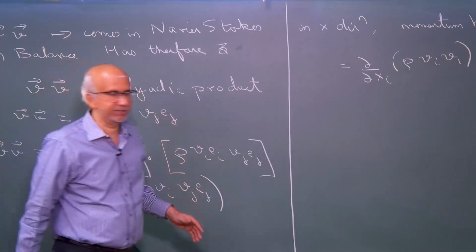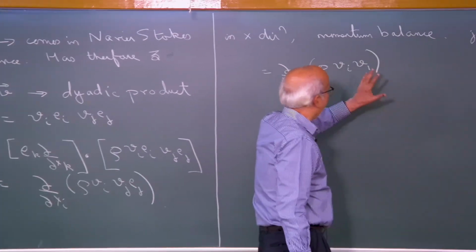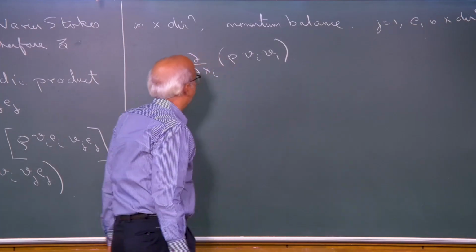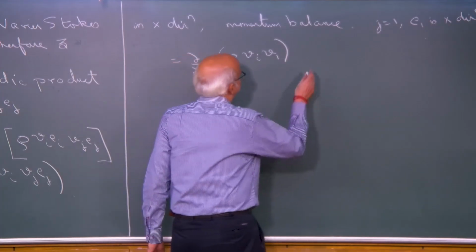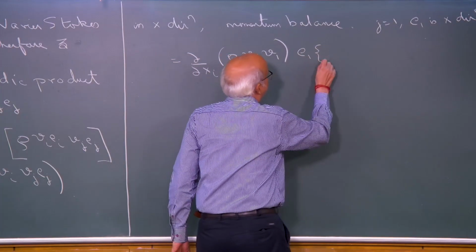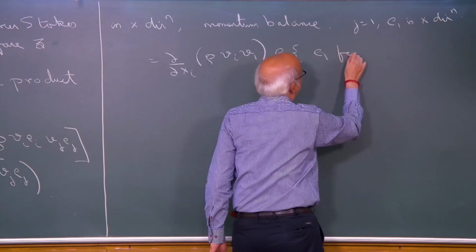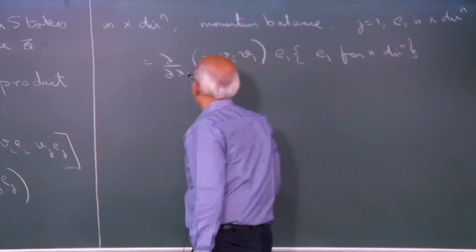Okay, you know that it is in the x direction. So, this is the unit vector in the x direction, which I am not writing because I will be writing for x, y and z automatically. If you want, you can put E1, it does not matter. Okay, E1 signifies the x direction.